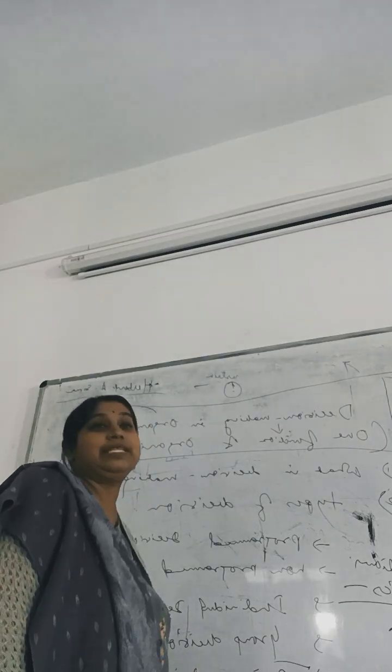So then non-routine decision. Okay, now you see the problem is complex, and also you have a lower level of certainty. Suppose you want to increase the output of your organization. So you have available alternatives, like you see what you can do, right? You can recruit new staff, right?